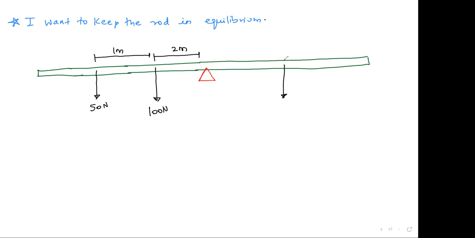Let us say I only have a 50 Newton object and no other object. You have to tell me at what distance from the center I should attach it so that my system is in equilibrium. 3? No. Don't be easy. It's not that easy. Think about it. Trust me.